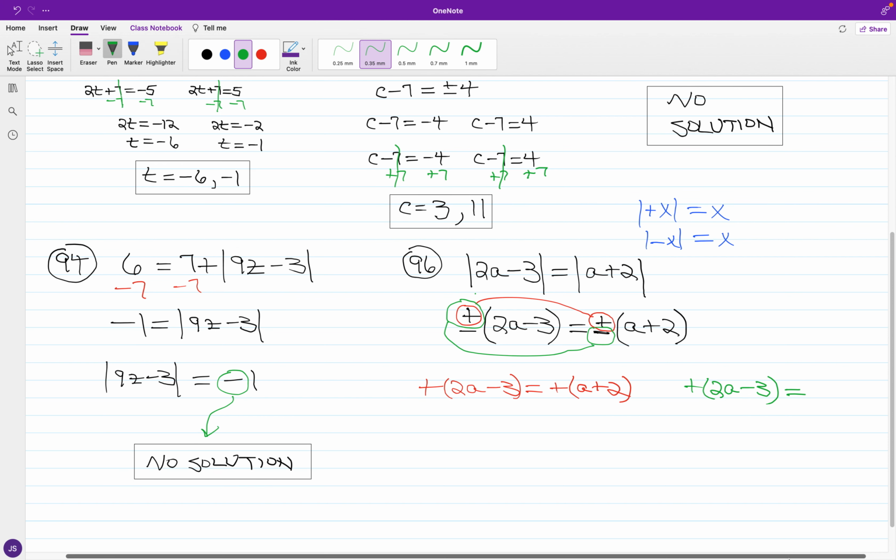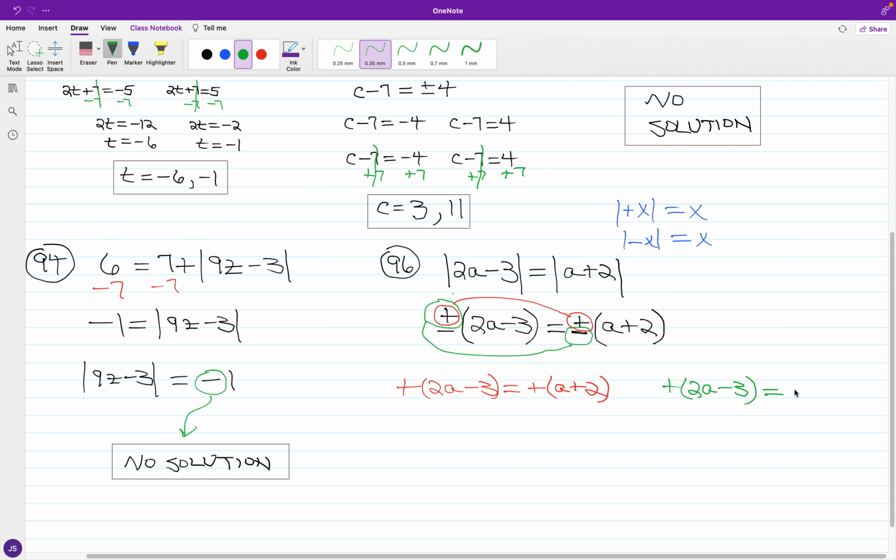Now take the negative of the quantity of a plus 2. Okay. So looking at what we have in the arrangement, I have 2a minus 3 is equal to a plus 2. And I'll go ahead and solve for a.